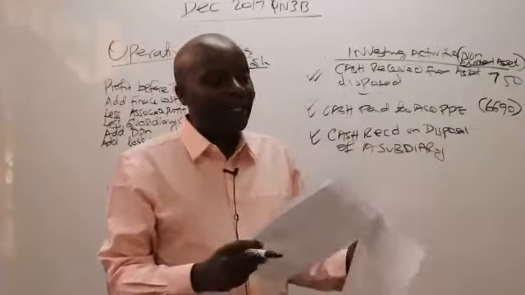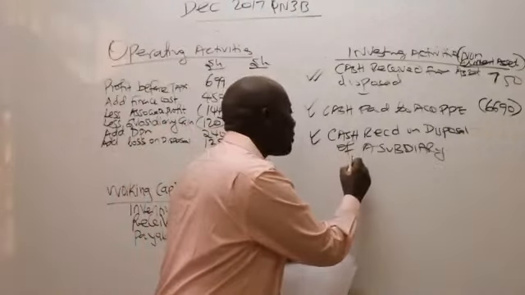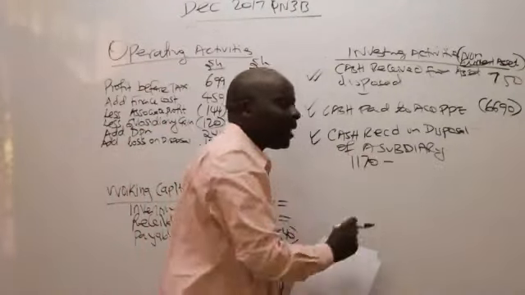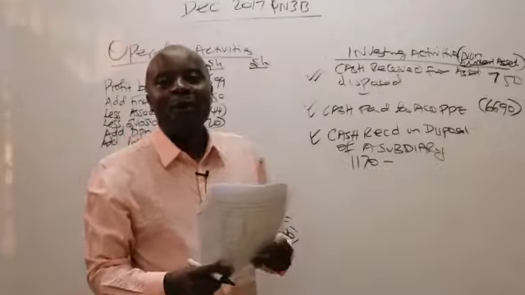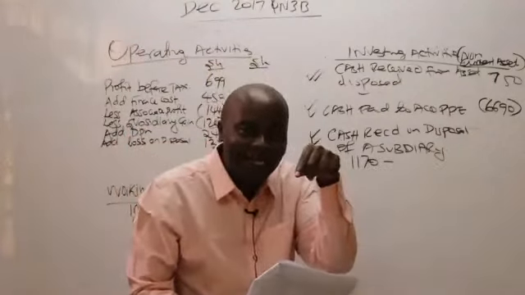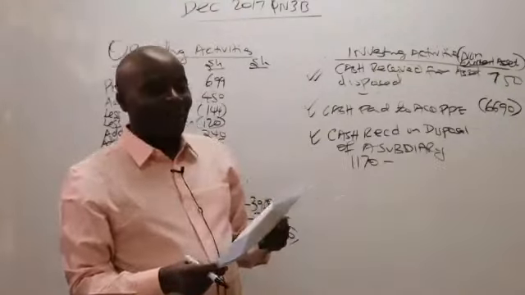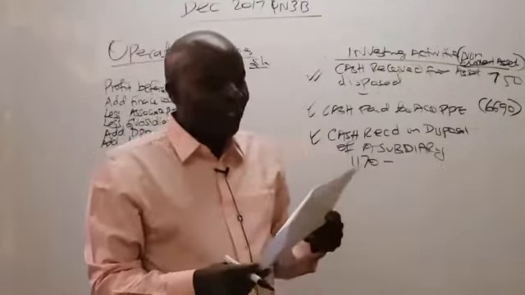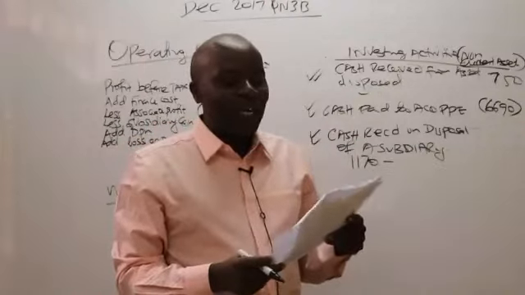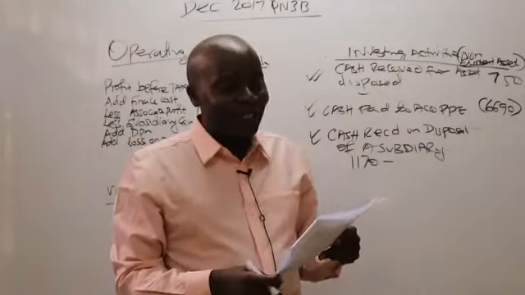We received 1170. But remember, do not be deceived, this subsidiary also went with some cash. It had cash itself, some cash which went away with it. Are you able to see the cash and bank balance under this subsidiary which was sold?